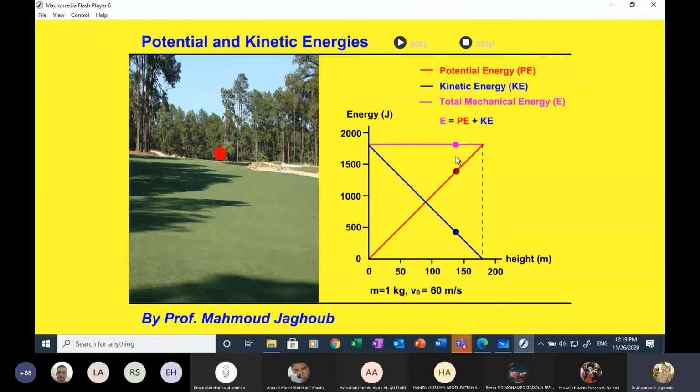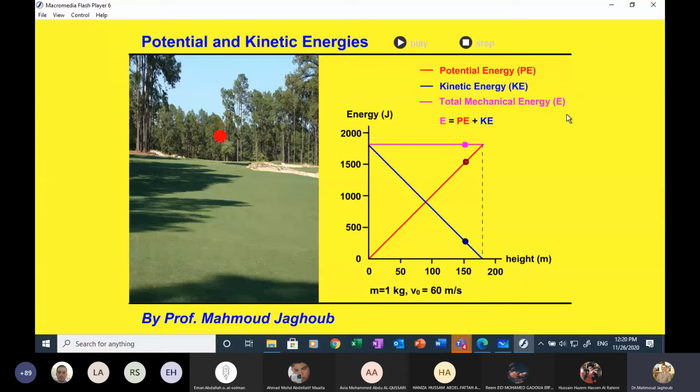Is this drawing clear? It tells you how the potential energy and the kinetic energy change. Remember all the time that their sum is constant and equals the total mechanical energy. Okay.